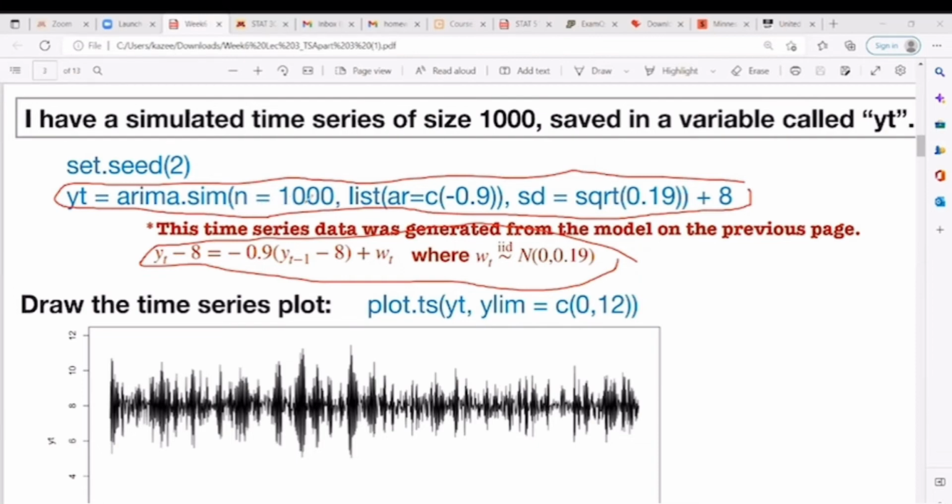I want to generate 1000 data points, where the autoregressive parameter is negative 0.9 and the variance of the error is 0.19. The SD is the standard deviation, which is the square root of the variance. I think you know that. Then plus the mean. Don't forget, the mean here is actually 8, right?